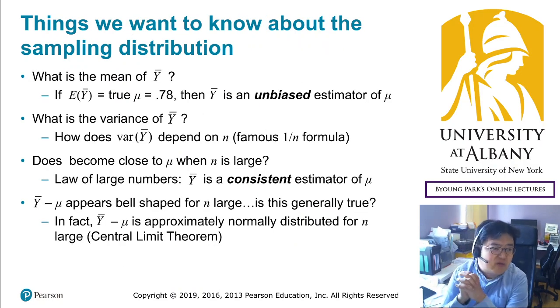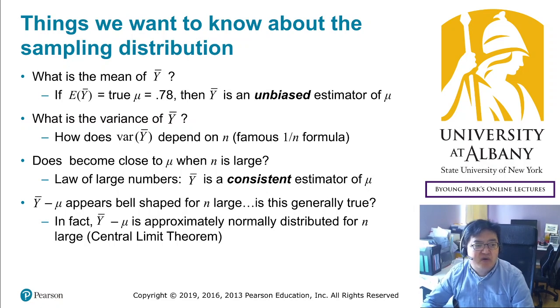So what do we want to know from here? First, we would like to know the mean of the sample average. The sample average is not from a single coin, but the average of n coins. And we know that the mean is the same as the mean when we throw one coin. That means if you'd like to estimate the mean from one coin, then the sample average of n coins is expectedly correct.